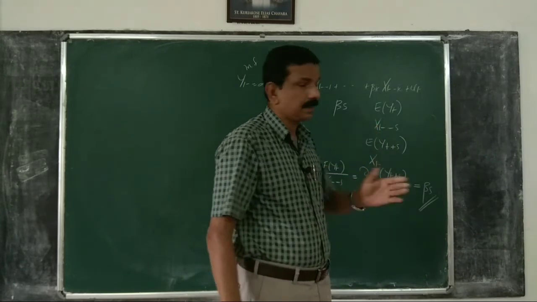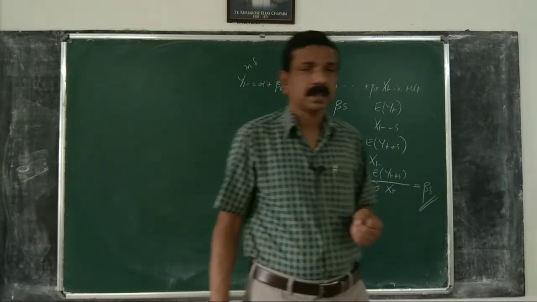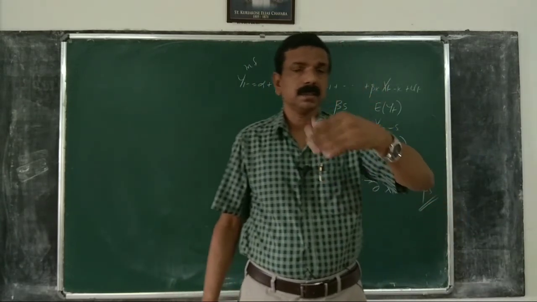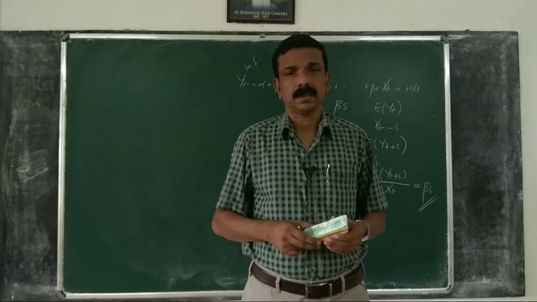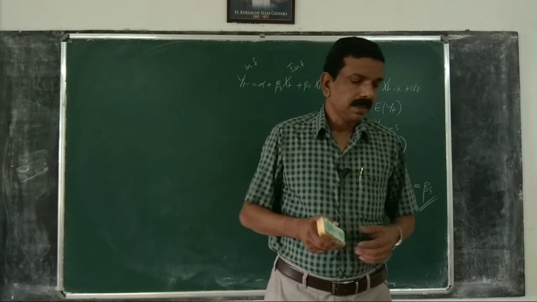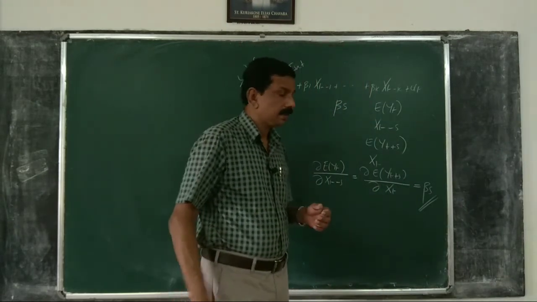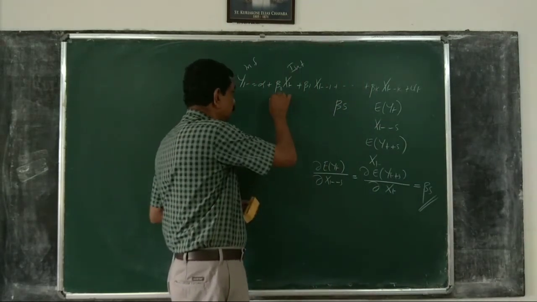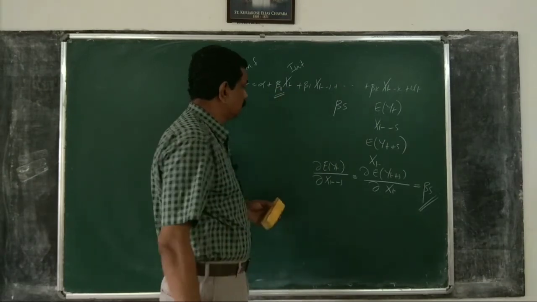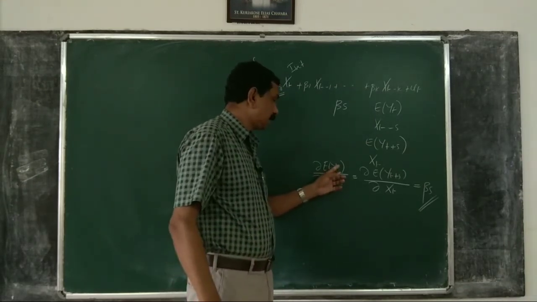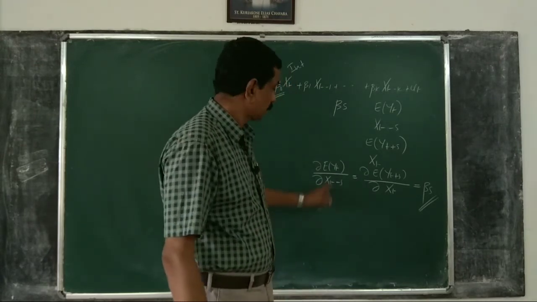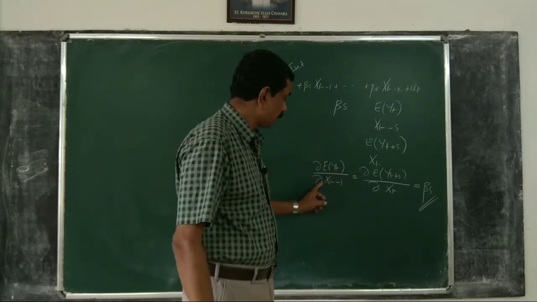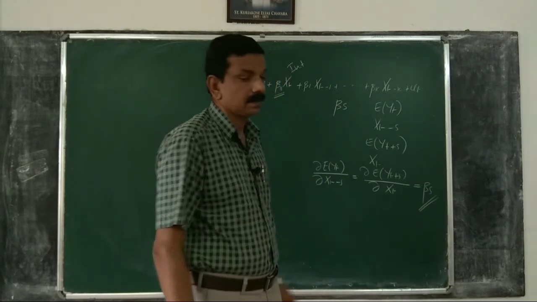Xt and yt remain constant for k periods, then xt increases by 1 unit, then it comes back to the original level. Then the immediate effect on yt is given as beta 0: ∂E(yt)/∂xt is beta 0.